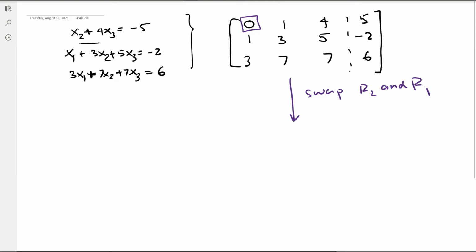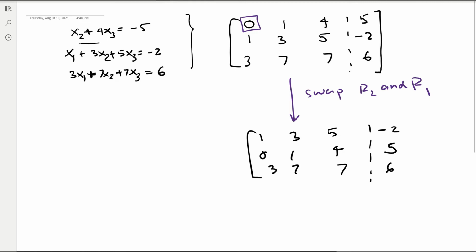So if we swap, we are going to get 1, 3, 5, -2, then 0, 1, 4, 5, then 3, 7, 7, 6. Now our leading entry is a non-zero number, it's 1. You might ask, could we have swapped row 3 and row 1? Yes, you could also do that.